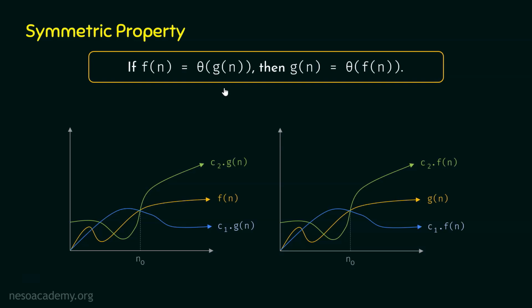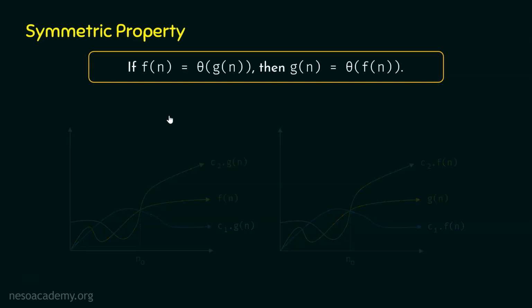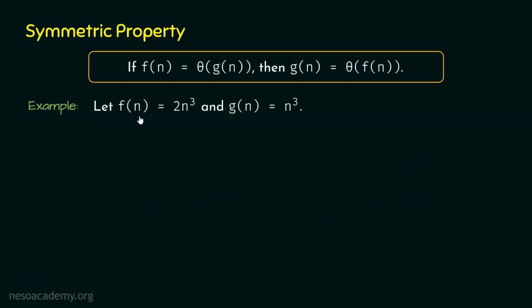For this purpose, we will take a simple example and we will try to prove that this property is true. Let f(n) be 2n cube and g(n) be n cube. So f(n) and g(n) are two functions where f(n) is 2n cube and g(n) is n cube. I am intentionally taking these two functions. These two functions have the same degree.